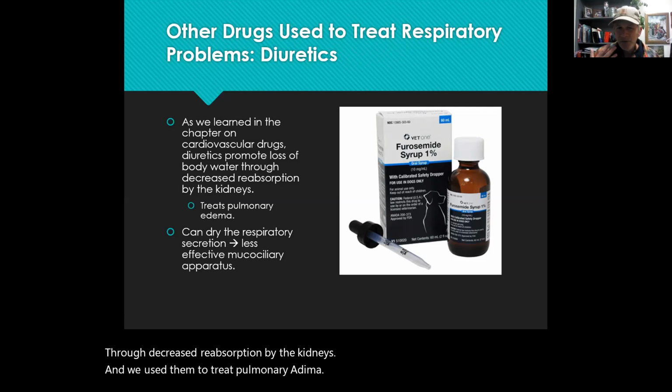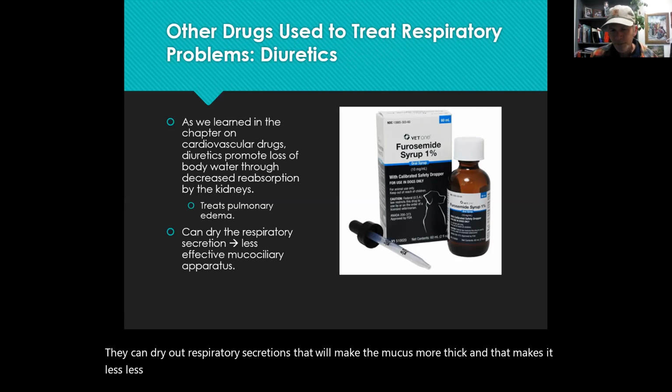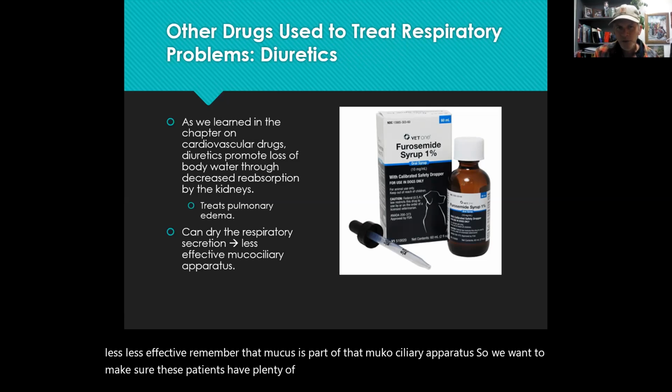They can dry out respiratory secretions, which makes the mucus more thick, and that makes it less effective. Remember that mucus is part of the mucociliary apparatus. So we want to make sure these patients have plenty of water to drink so they don't dry out.